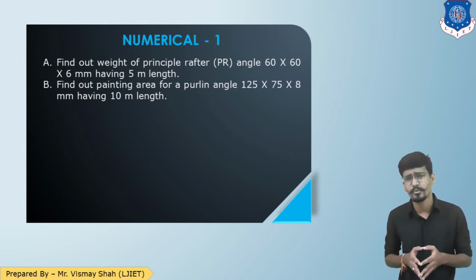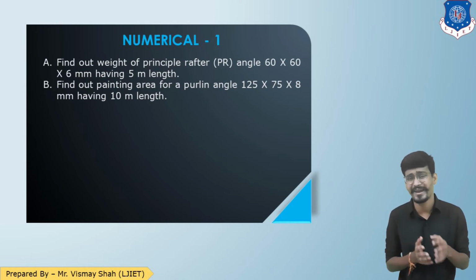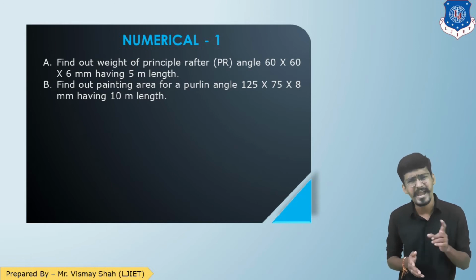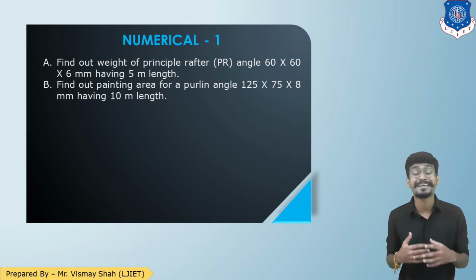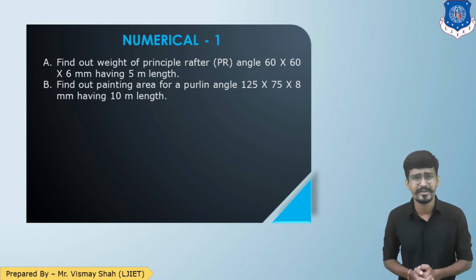And another sub question is given in the same question: find out the painting area for a purlin of 125 cross 75 cross 8 mm having 10 meter length. So first we need to find out the principal rafter weight having 60 by 60 dimensions and 5 meter length, and then the painting area for a purlin having dimension 125 cross 75 cross 8 having 10 meter length. So let us begin our calculation with the first question.